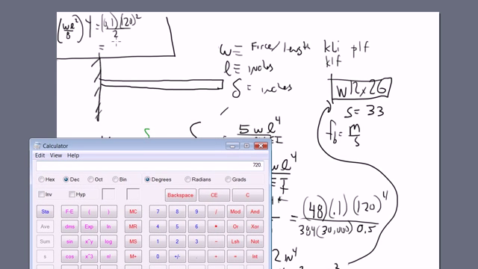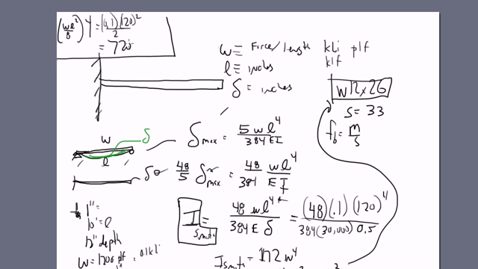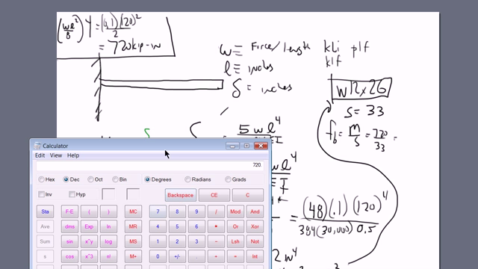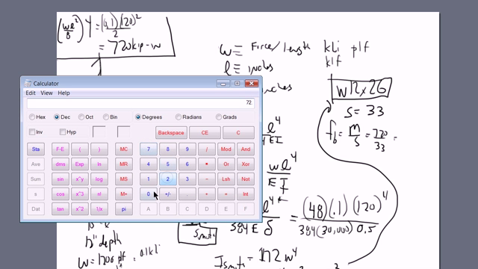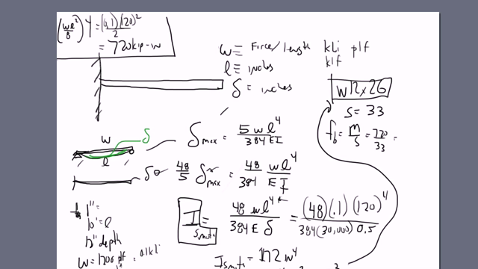Boy, that number looks familiar. 720 kip inches, and you want to take M over S, so you're going to take the moment of 720 divided by 33, and you get 21.8.